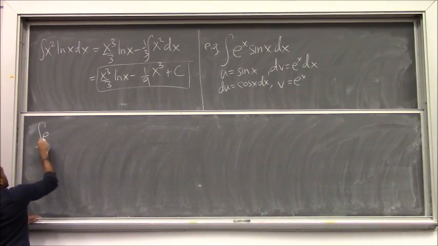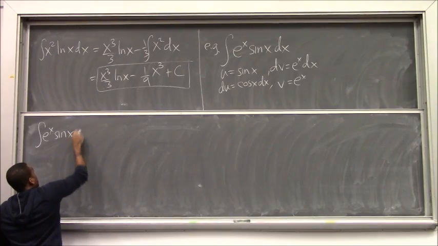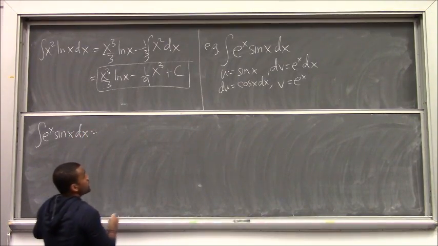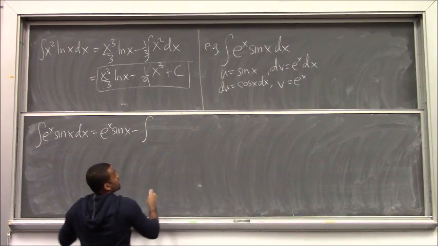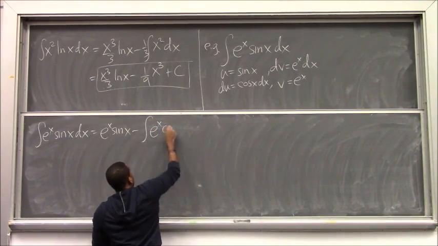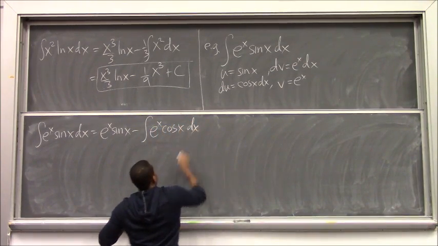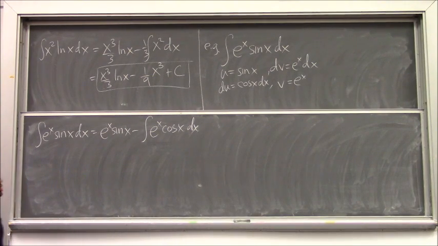So we're going to get the integral of e to the x sine x dx equals u times v minus the integral of v du. Get that. Keep going.